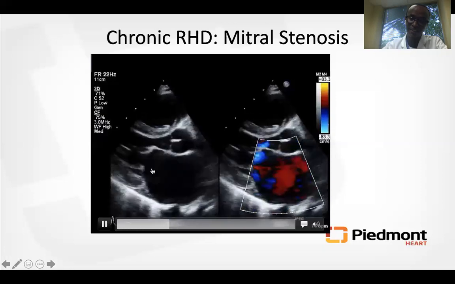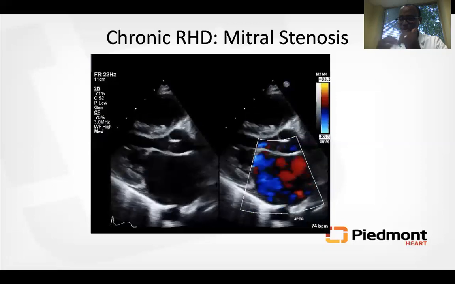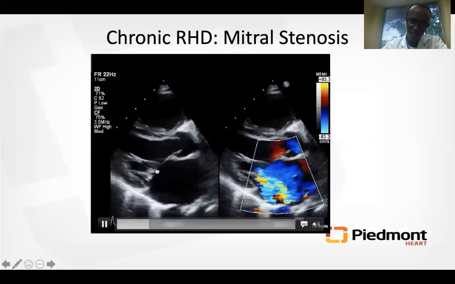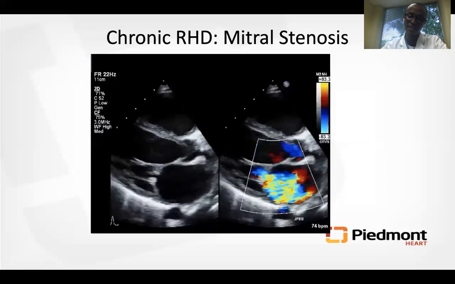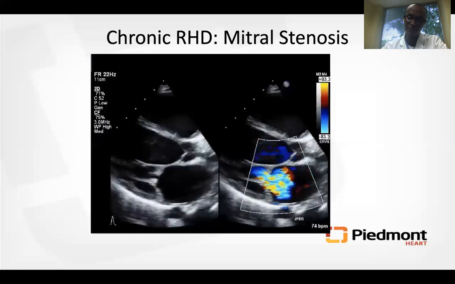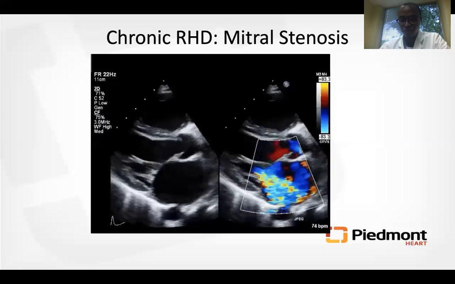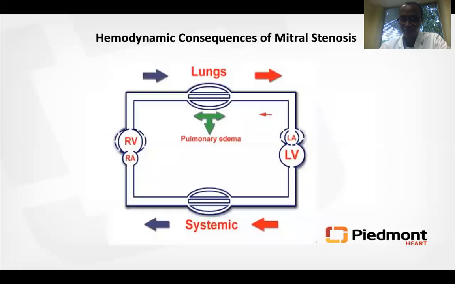In diastole it's supposed to be open, but it doesn't open freely. As you can see with my cursor here, the anterior mitral valve leaflet is restricted and not moving. That sign is called the hockey stick deformity of the anterior mitral valve leaflet, which is pathognomonic for severe mitral stenosis of rheumatic origin.